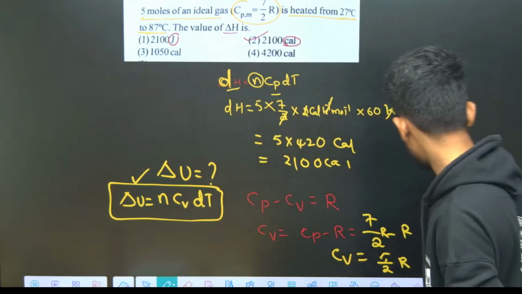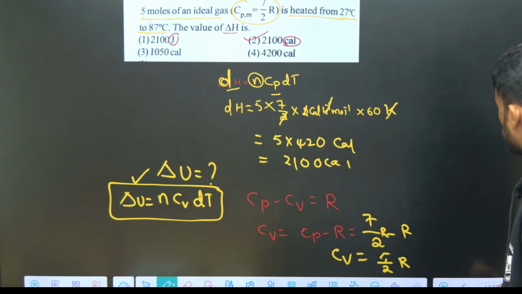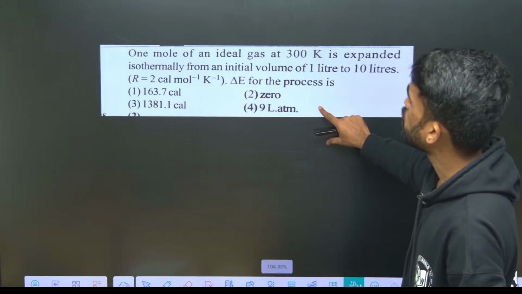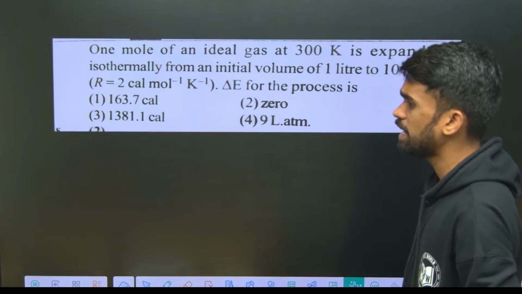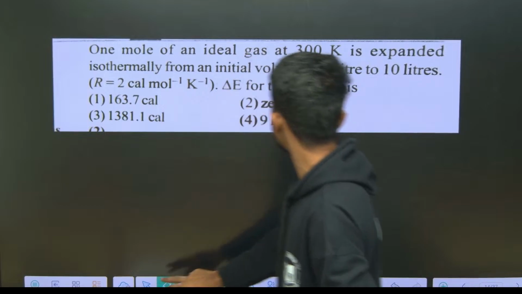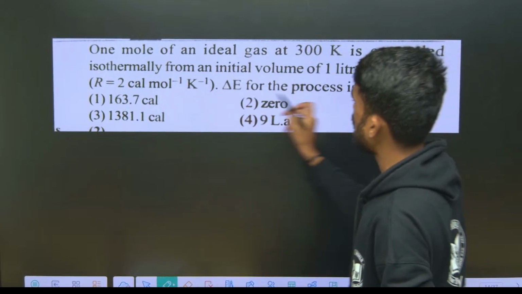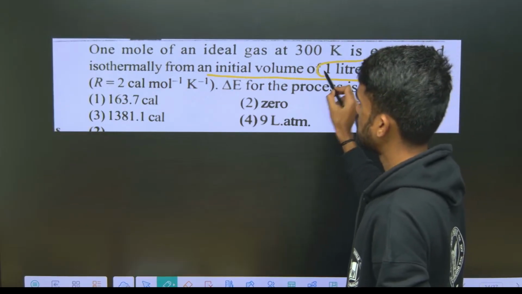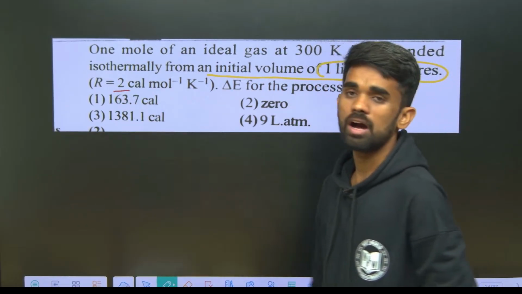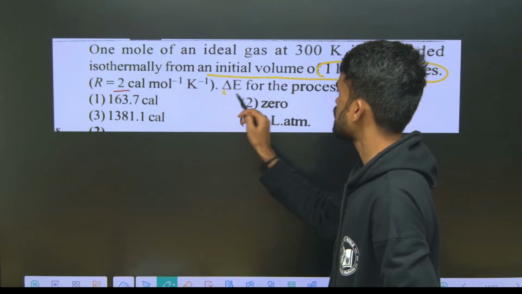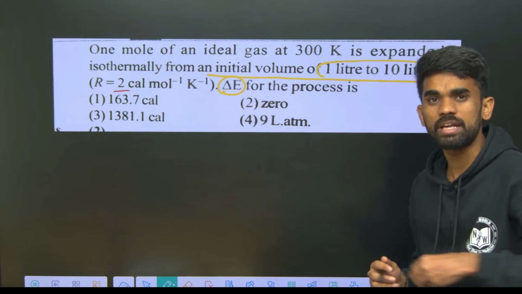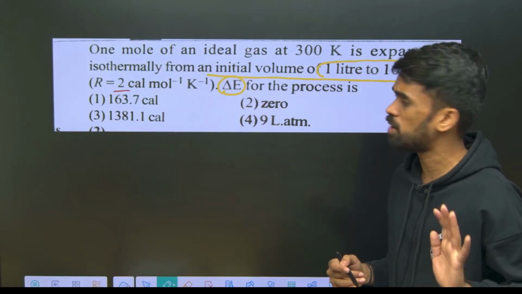Okay, next let us move forward with a few more questions here. Look at here, 1 mole of an ideal gas at 300 Kelvin is expanded isothermally from an initial volume of 1 liter to 10 liters. R value is given in calories, and they are asking us to find delta U. See, whenever you see a question, do not go directly to taking some formulas and substituting.